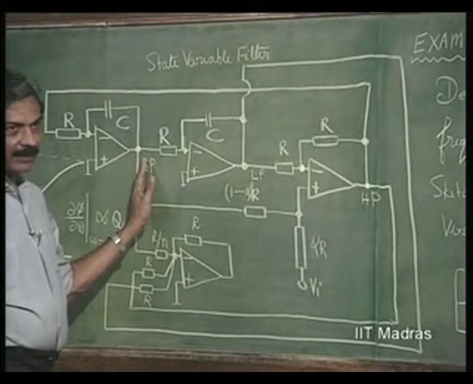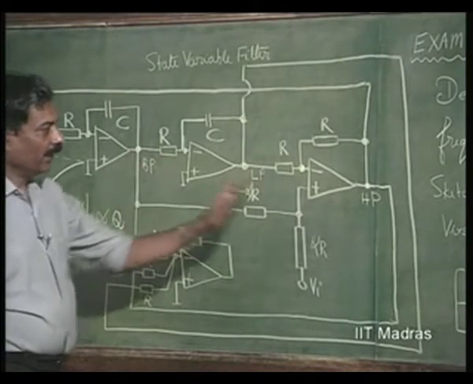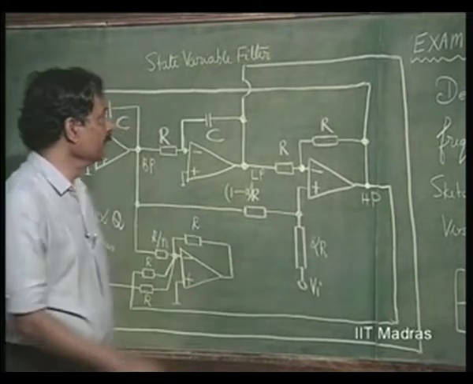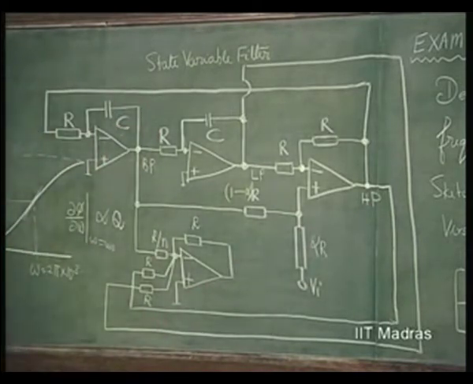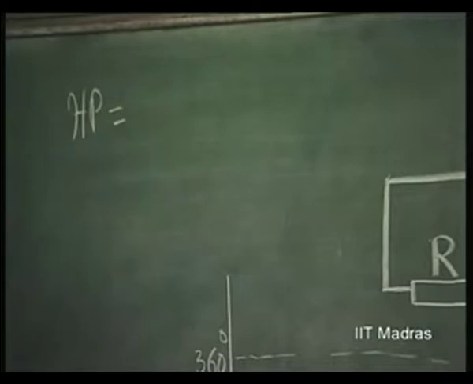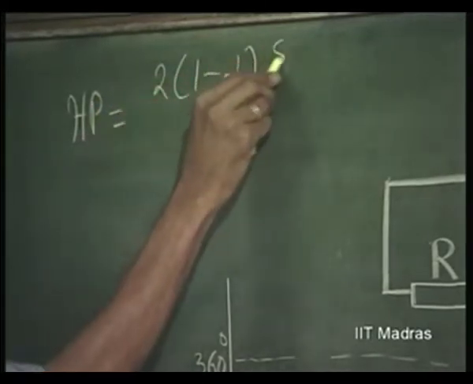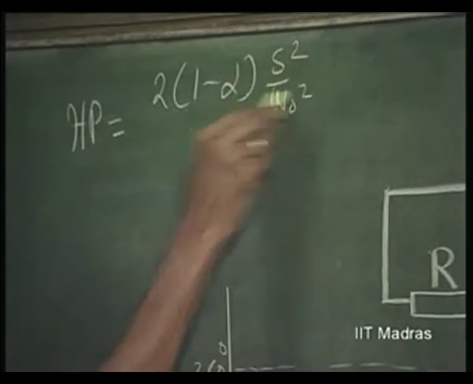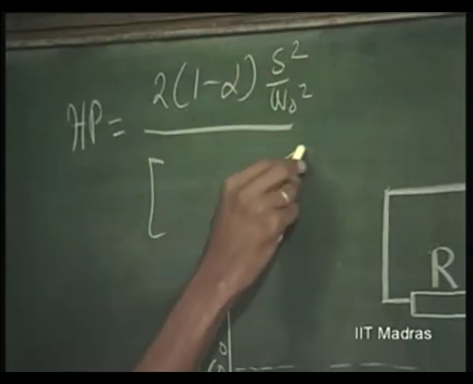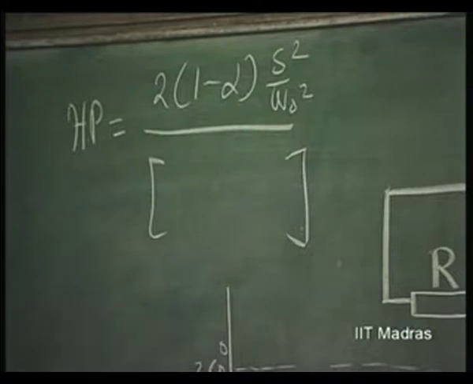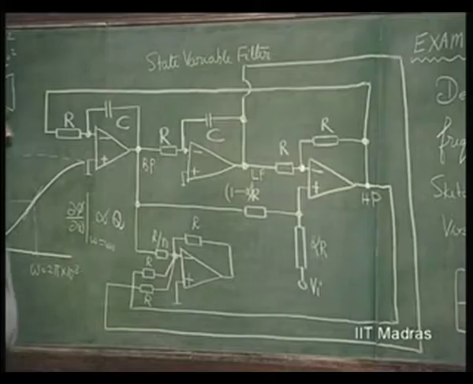In our expression, high pass is equal to 2 into (1 minus alpha) s squared by omega naught squared divided by the same denominator, s squared by omega naught squared plus s by omega naught Q plus 1.